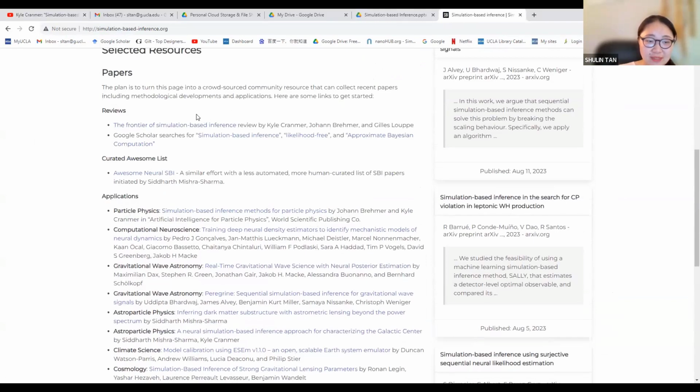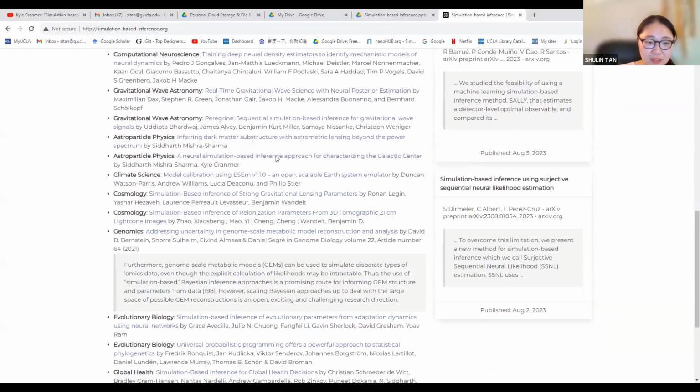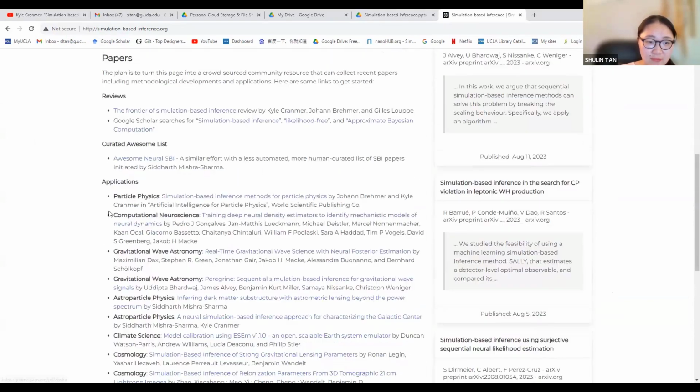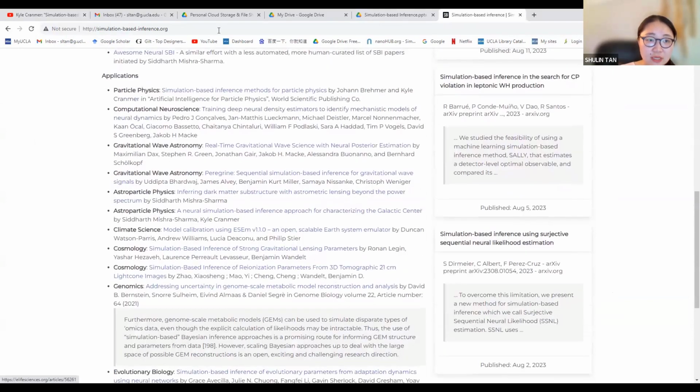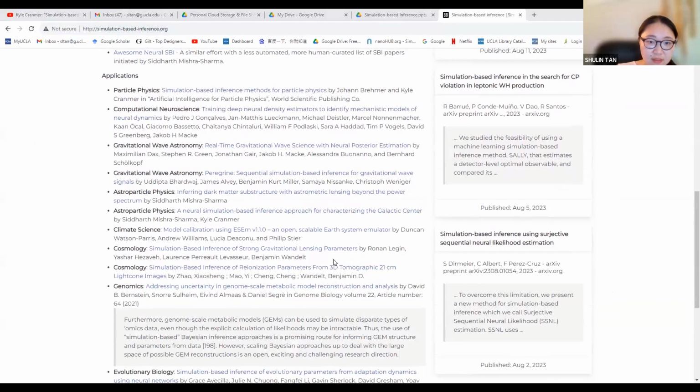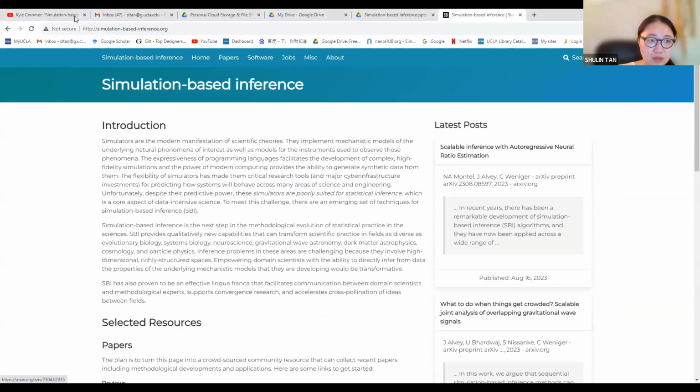This is the review I read. I feel like that's pretty good, so I think I will share this one instead. That's where you can find applications in lots of fields. If you want to have the inference, I feel that this is going to be a good one.